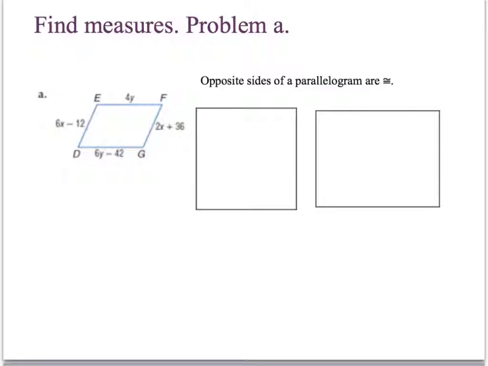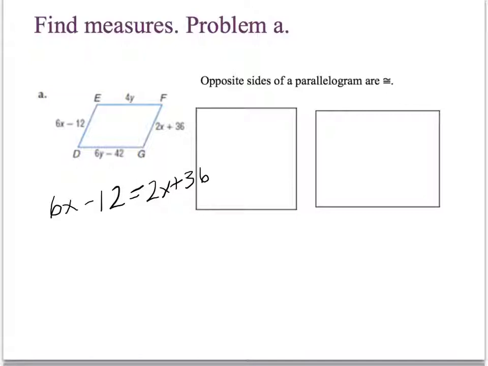All right, find the measures, problem A. Opposite sides of the parallelogram are congruent. So for problem A, I want to solve for x. So I'm going to do 6x minus 12 equals 2x plus 36.